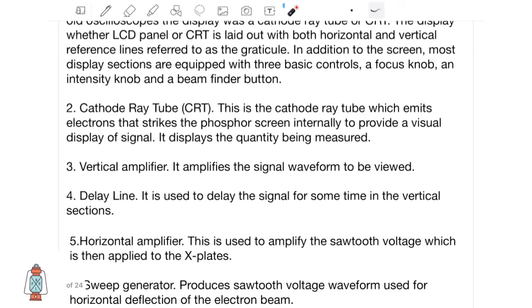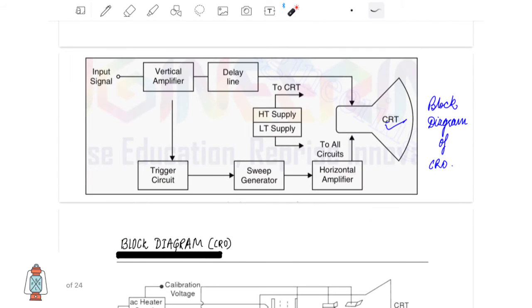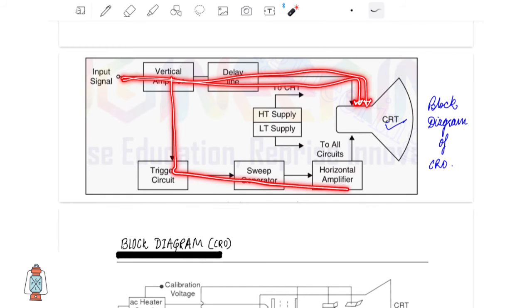Okay, now this delay line, this is important. You can see here delay line. So you can see you are supplying the input signal, and this input signal reaches CRT through this path, and this input signal is also being divided and sent to the horizontal plates and being supplied to CRT.